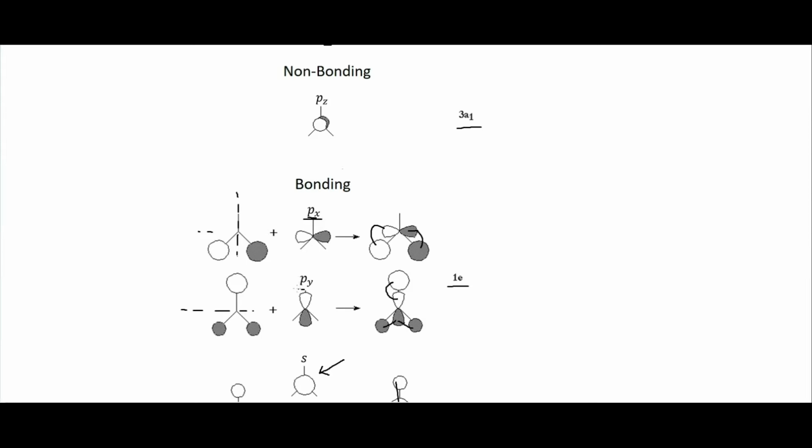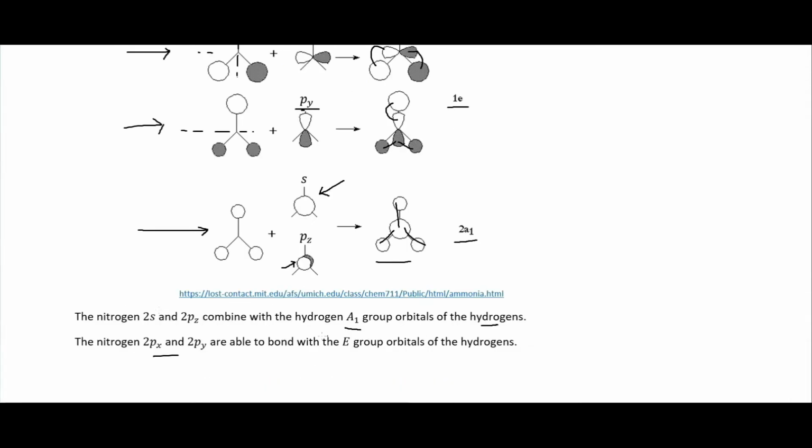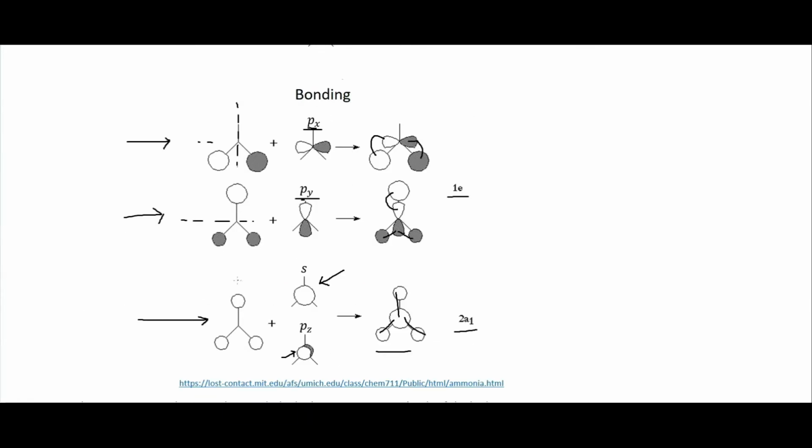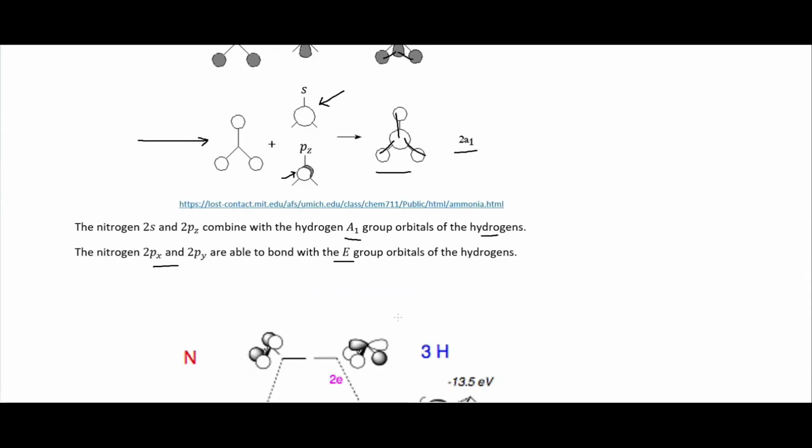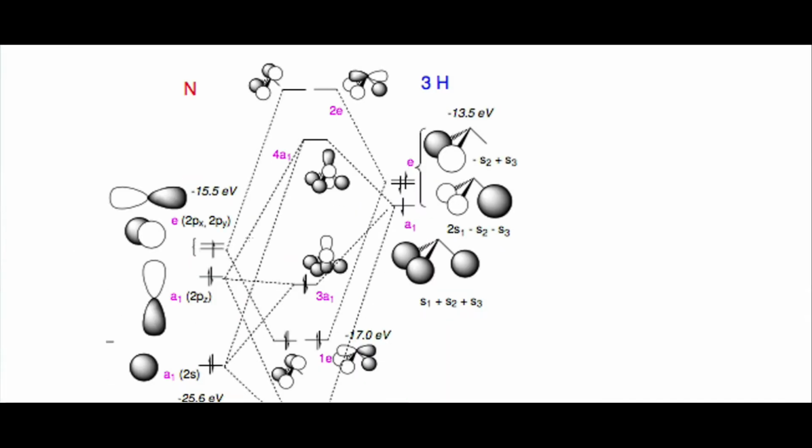So the 2px and the 2py here with these hydrogen s orbitals right there. And so that's the E group that has the two nodes there for the hydrogens. So this is our molecular orbital diagram for it.